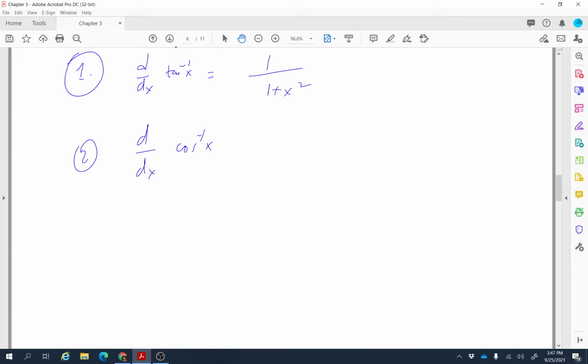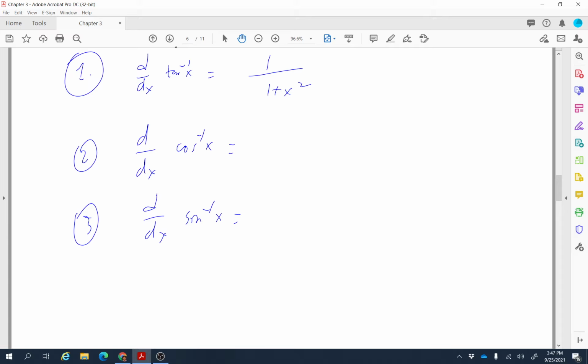We can do the very same thing for the derivative of cosine inverse x, and then the derivative of sine inverse x. We can do exactly the same thing, and we can find out the derivative of these functions. I'm just going to write down their respective derivatives here.